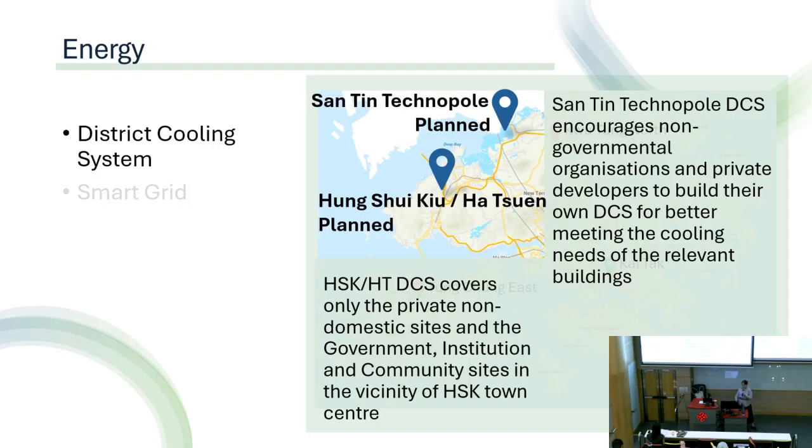So they're encouraging other property owners to, for example, develop their own DCS, or at least a similar system, to make it easier to cool the area rather than having each individual commercial location have its own chiller system. And these two that are currently planned are what they're planning to do. They're trying to push for more private investors to come in and adopt these so-called DCS.